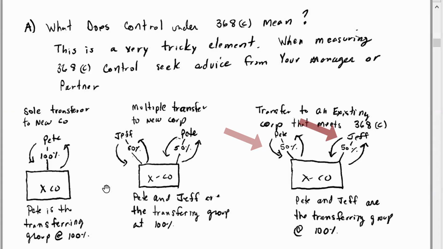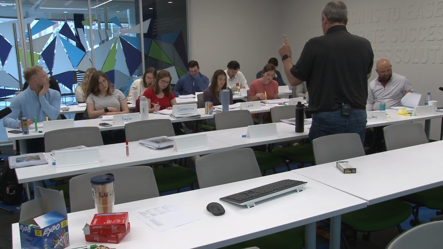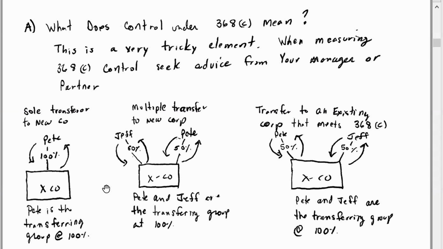How much does Jeff own? 50%. Did both transfer? Yeah. So Pete's part of the transferring group, that's 50%. Jeff's part of the transferring group, that's 50%. You add them together. So 100% is more than 80%, therefore that transfer to the existing corporation met transfer of property, exchange, and the transferring group had more than 80%.